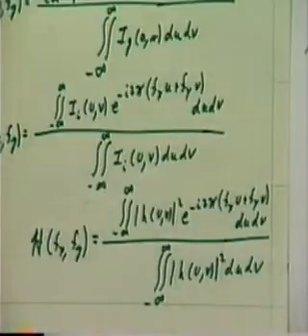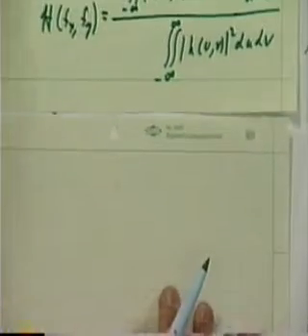Now, we had started out by saying that the image is given by the convolution of the intensity point spread function with the perfect geometrical image. So we can use the convolution theorem here.